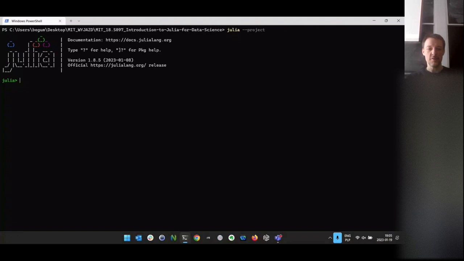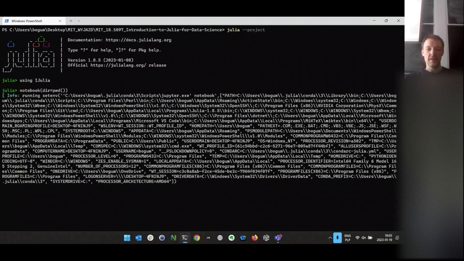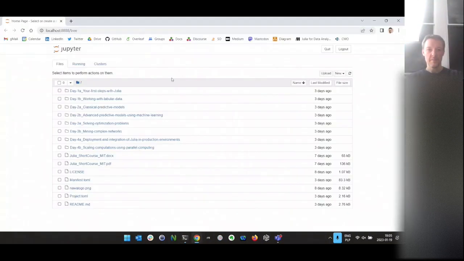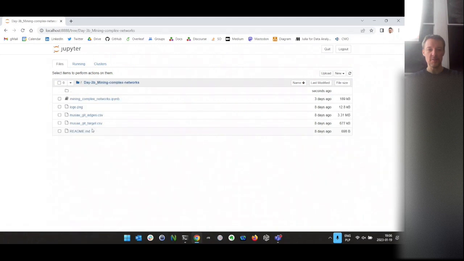Now we use the IJulia package to load Jupyter Notebook, and now I spin up the notebook in the current working directory. So shortly the Jupyter Notebook will show up, and we go to day 3B, mining complex networks.